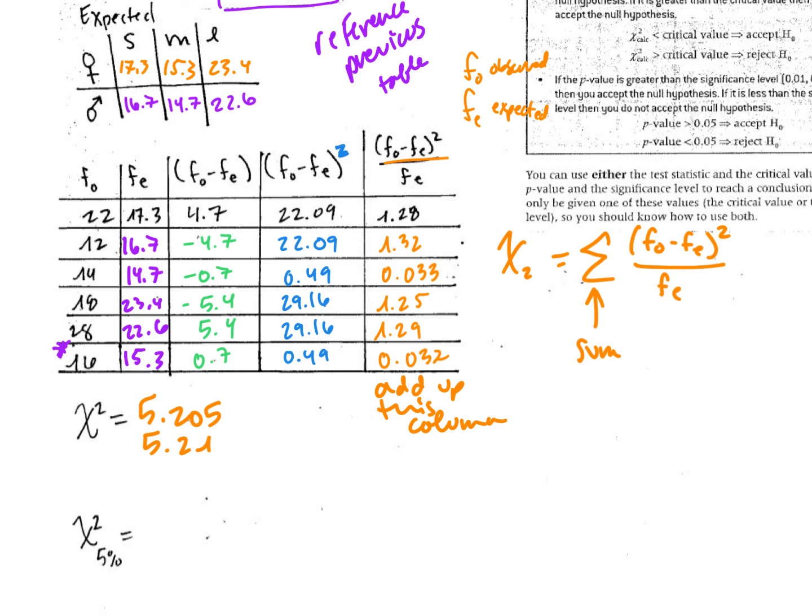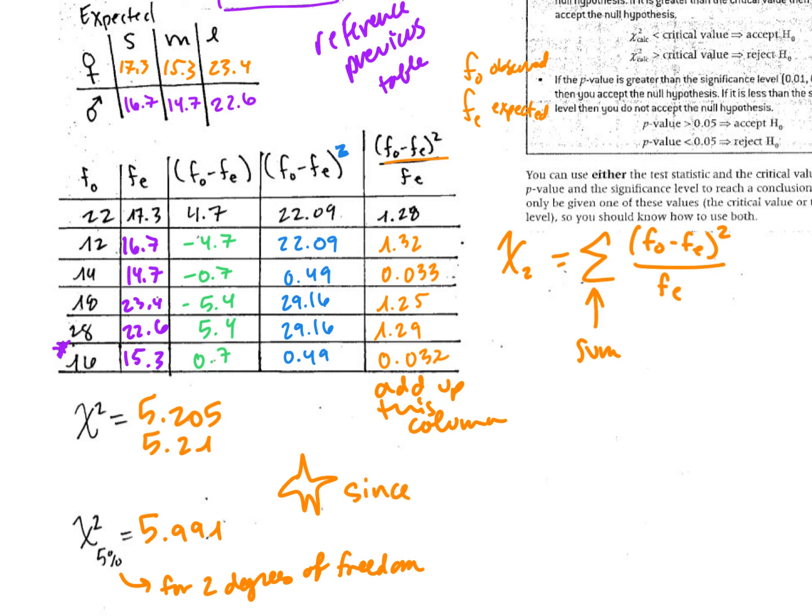So, for 2 degrees of freedom, because remember, it matters that I only have small, medium, large, and then the gender binary. So for 2 degrees of freedom, my chi-squared at a 5% significance level is 5.991. Okay, so, and here again, if I misspeak, it's going to be right here.